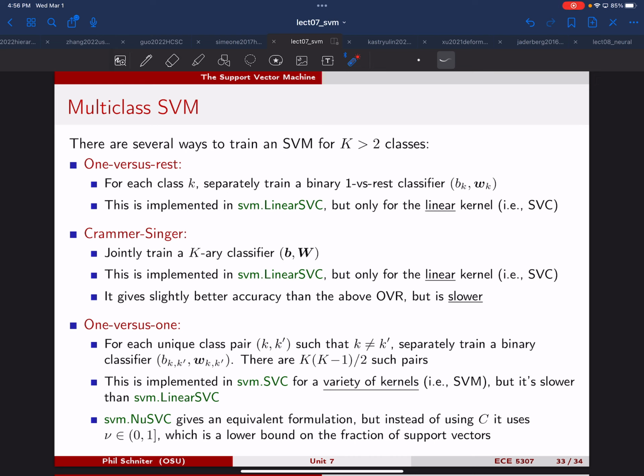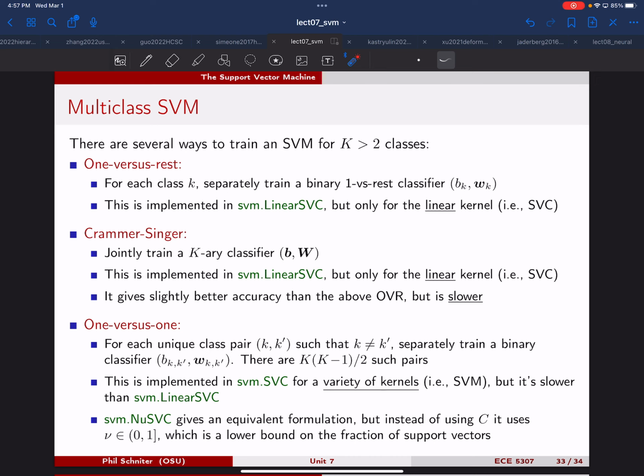Now scikit-learn doesn't give you all the options, so I'm going to try to explain the options that it gives you. If you want to do one versus rest, the only technique that lets you do this is LinearSVC, the one with the linear kernel, not the one that works really well. That's your only option for one versus rest.